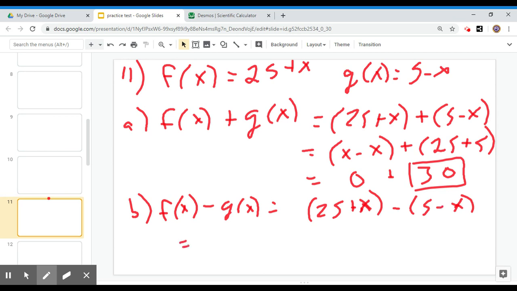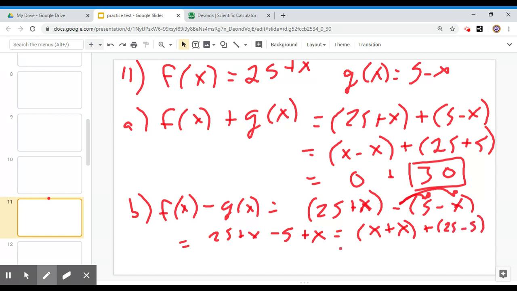So that's going to be equal to 25 plus x minus 5 plus x. So I'm distributing this negative. Now we combine like terms. So we've got x plus x, and we've got 25 minus 5. So this is going to be 2x plus 20.